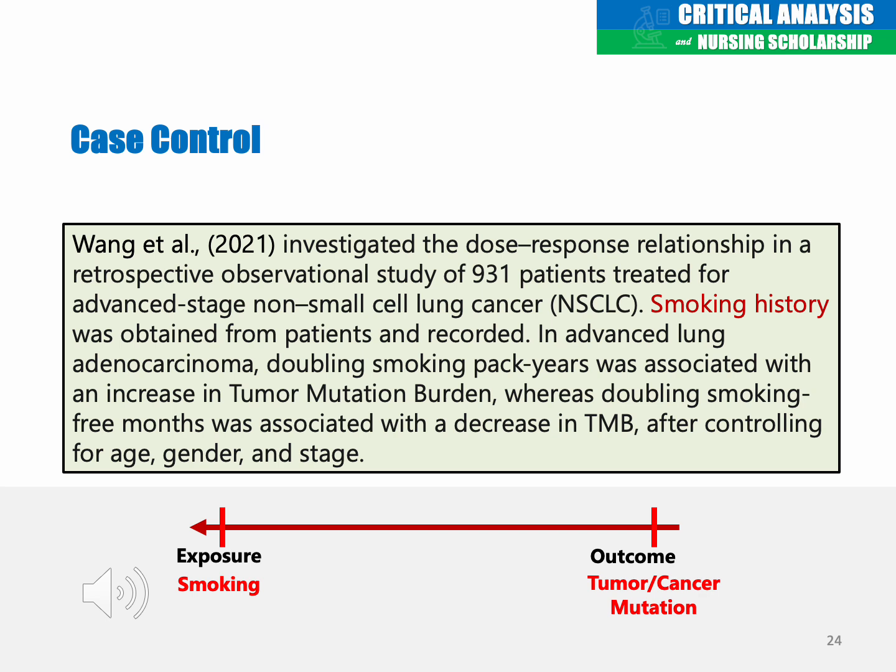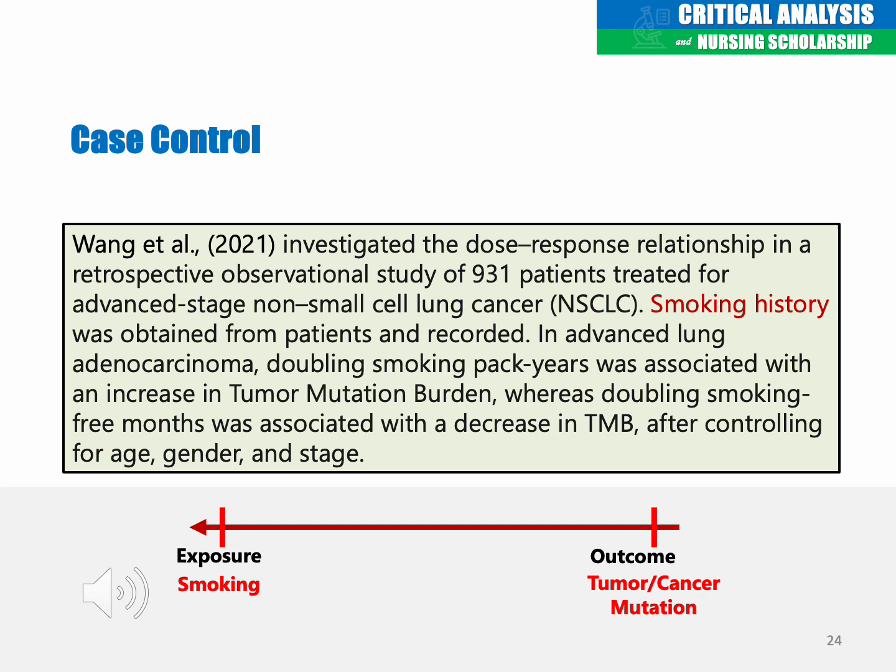On the slides right now, you will see an actual example of a case control study, which was conducted by Wang et al. in 2021, where they investigated the dose-response relationship in a retrospective observational study of 921 patients treated for advanced stage non-small cell lung cancer.